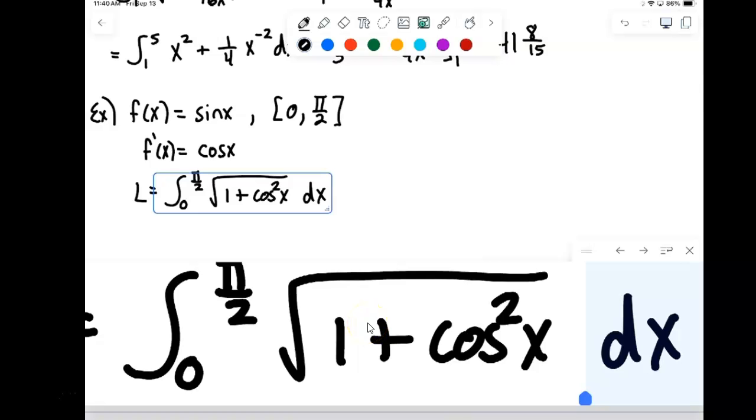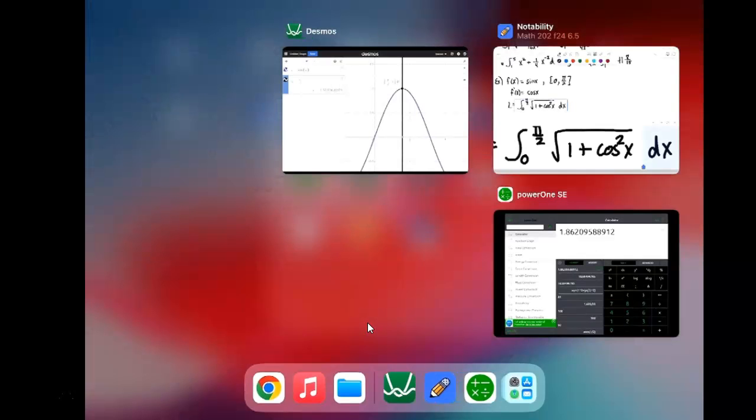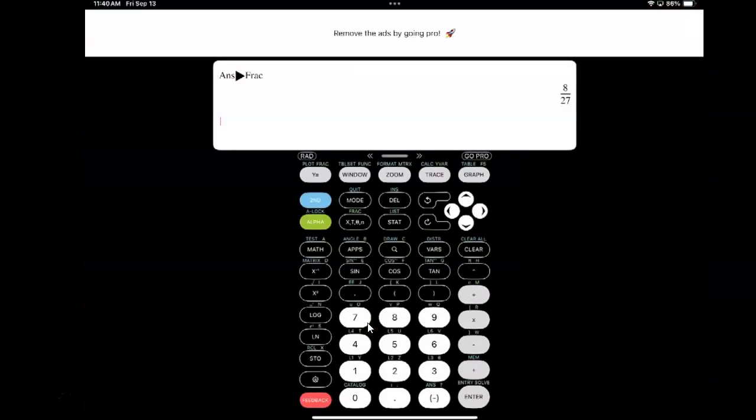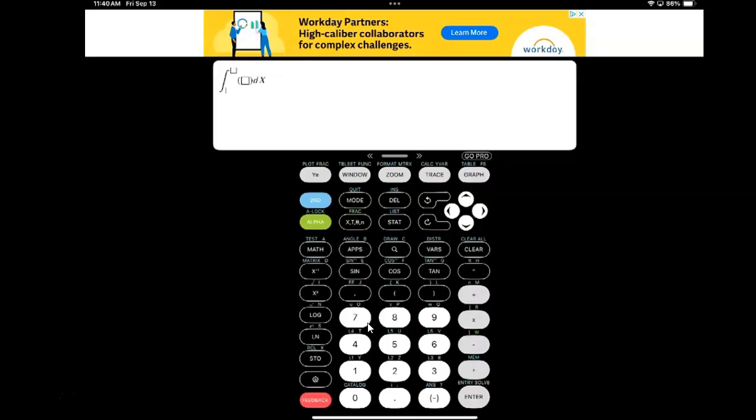So we're going to use our fnInt. So let me pull up my calculator here. Again, fnInt. I go to math, number 9, fnInt. This is the integral from 0 to, now I've got to find my pi on this calculator.